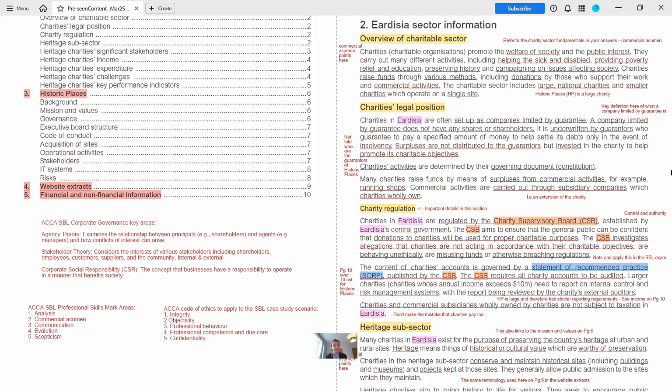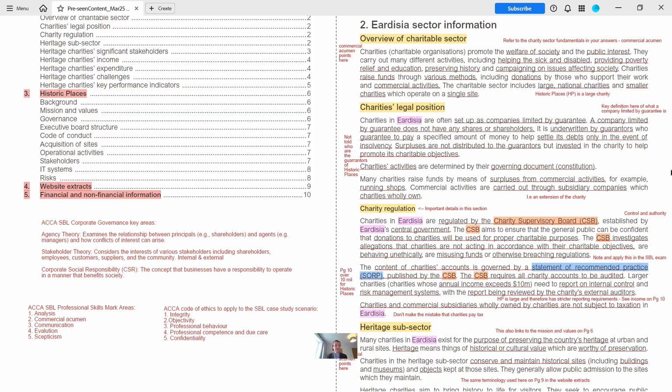The next one is stakeholder theory, a lot more likely, because in the pre-seen notes, we are given a breakdown of the stakeholders and their different areas, and then it goes into more detail later on. So 100% make sure you've got stakeholder theory down, considering both internal and external stakeholders.